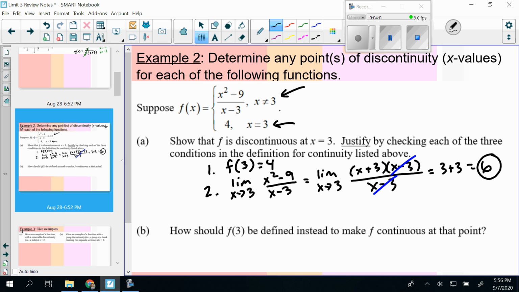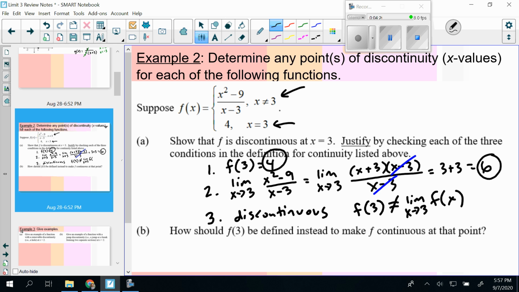This is approaching 6. The problem here is these two values are not matching up, and so it is discontinuous because f of 3 is not equal to the limit as x approaches 3 for this function.